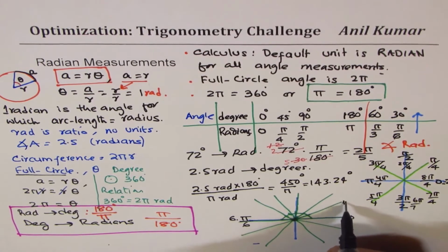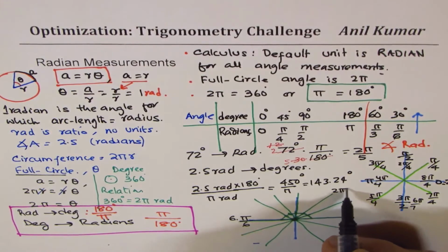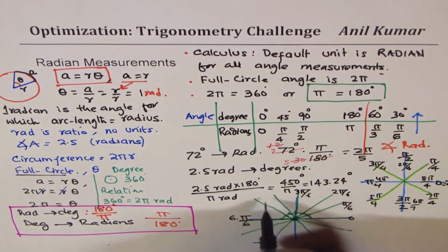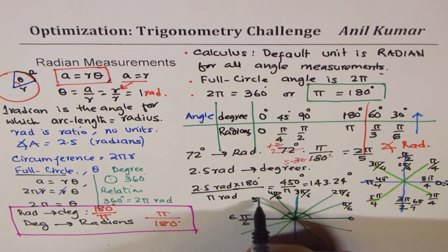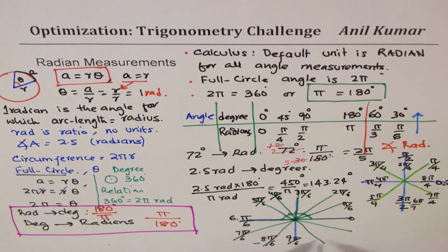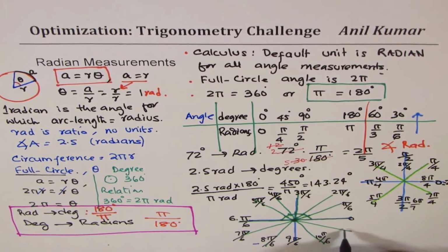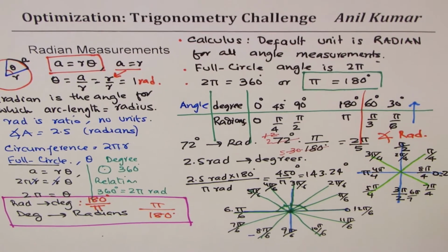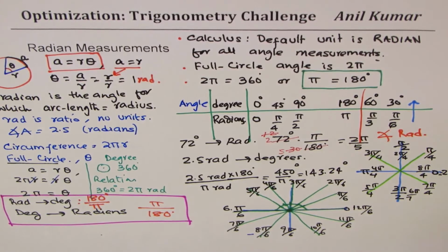So starting with 0, this becomes pi by 6, 2 pi by 6, 3 pi by 6, 4 pi by 6, 5 pi by 6, 6 pi by 6, 7 pi by 6, 8 pi by 6, 9 pi by 6, 10 pi by 6, 11 pi by 6, and 12 pi by 6. Do you see that? So easy. That is how you sketch your angles in radians. Nothing can be simpler than this. I hope that is well taken, correct?